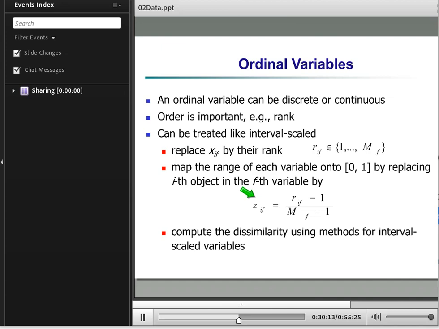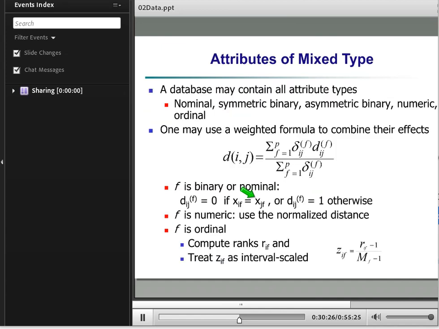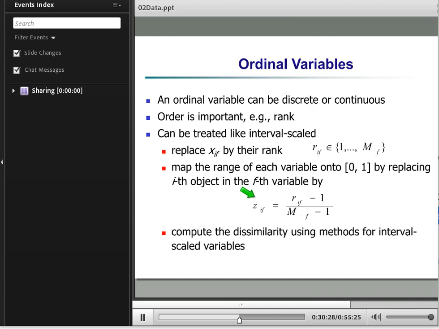This is important and a very good option. We will talk about it later in this course. After changing an ordinal variable into a numerical value and maybe normalizing those attributes, we can simply find the similarity or dissimilarity of those data.